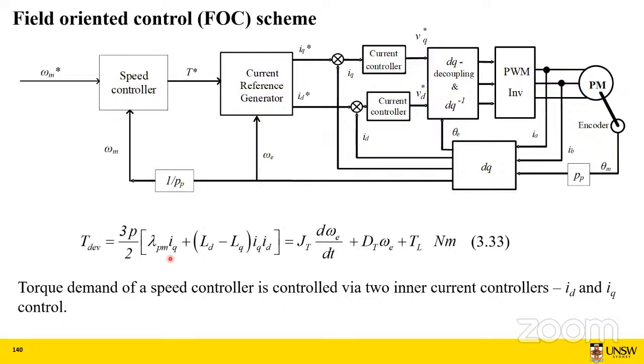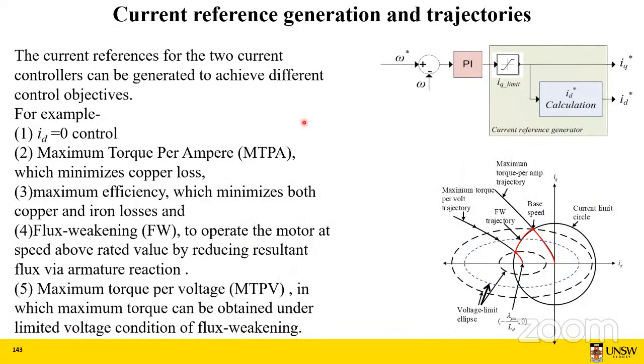So we do not need to have any value for ID current in a surface type PMSM. That means the ID current reference could be 0, so that the controller always keeps ID at 0. That type of control is called ID 0 control.